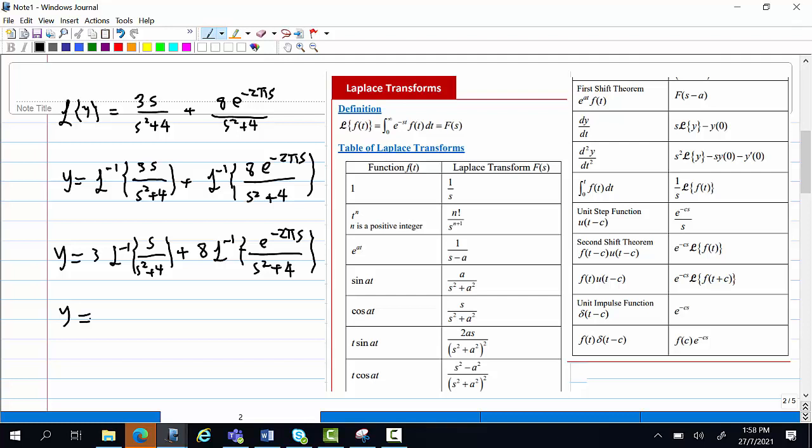Now the first term, you can see that the answer is cosine 2t, where a is equal to 2. So this is 3 times cosine 2t from the first term.